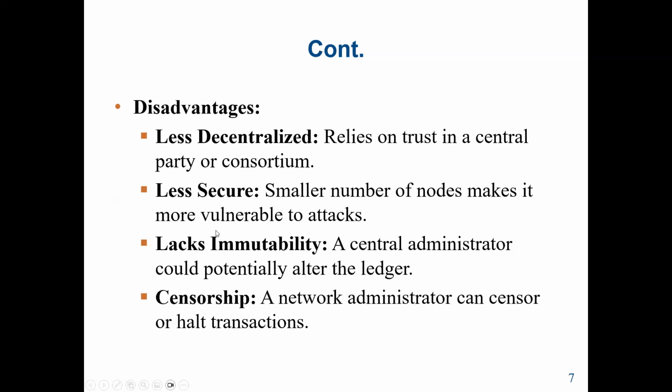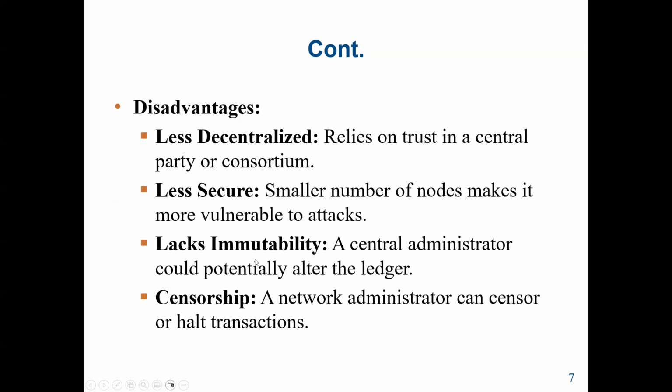So these are the disadvantages we have. One is less decentralized, so it relies on trust in a central party or consortium. And here the disadvantage will be less security: a smaller number of nodes makes it more vulnerable to attacks.